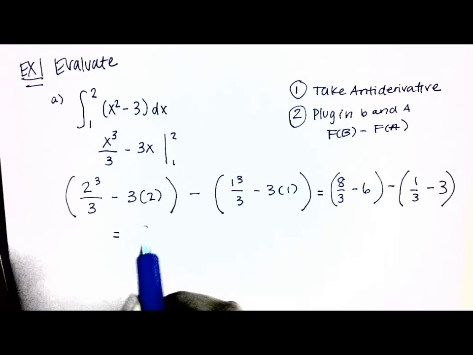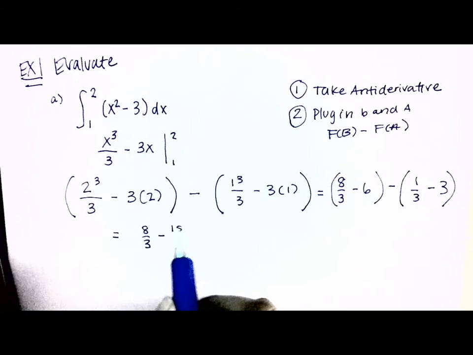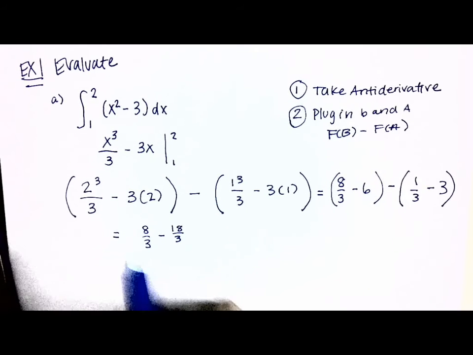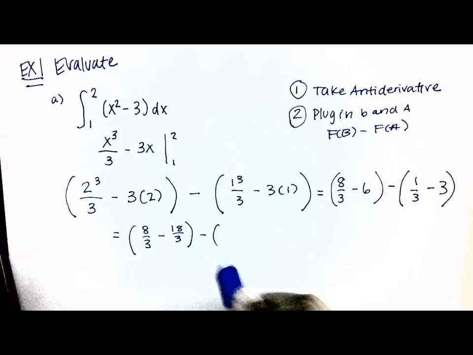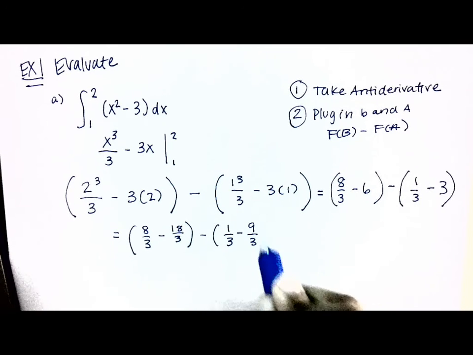That equals 8/3 minus 18/3. Does everybody understand the 18/3? Common denominators? Okay. No calculator on this test. I meant to say that. This next test will be absolutely no calculator. Minus 1/3 minus 9/3.